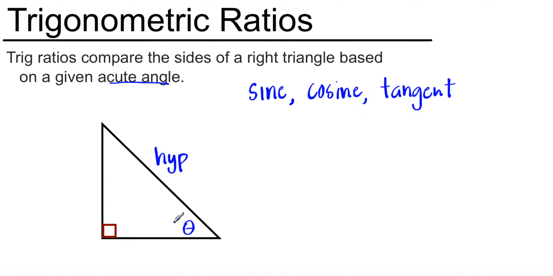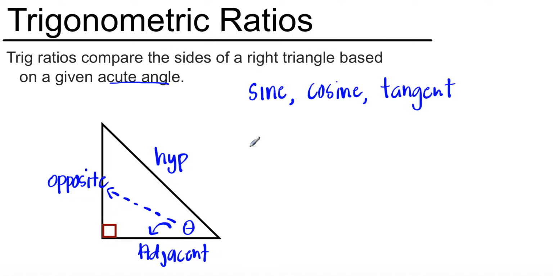The side across from it, we're going to label now as the opposite side. It's still a leg, but it's opposite of that angle. And this other leg, because it's next to the angle, we're going to call the adjacent side. So opposite, adjacent, and hypotenuse are the words we're going to use when we define these trig ratios.